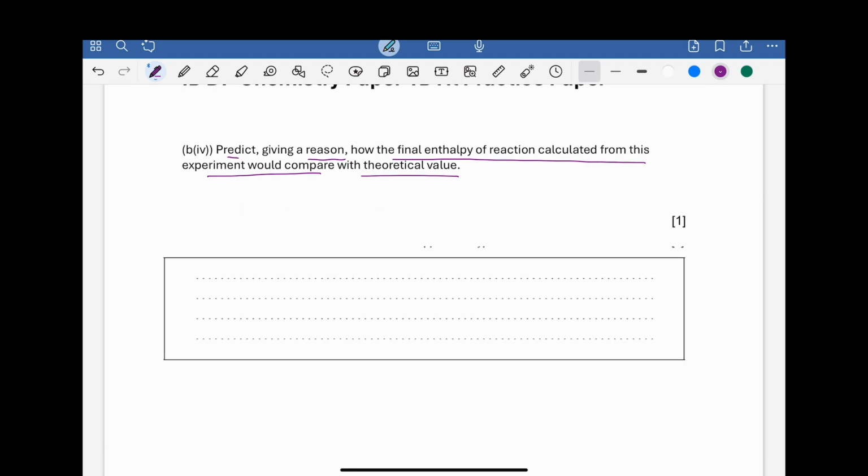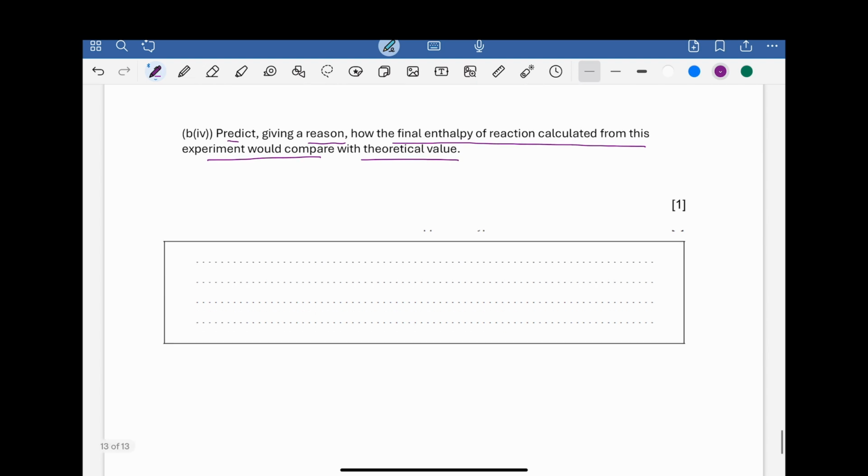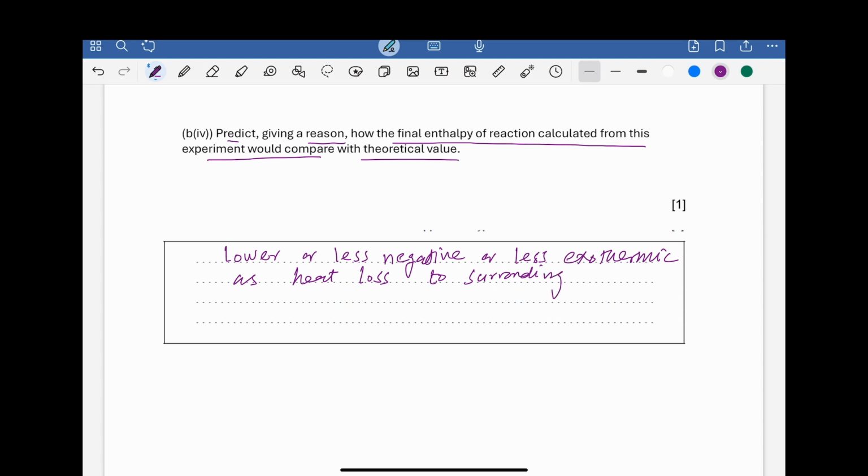So to work out the percentage error, the experimentally determined value will be lower, or we can say it will be less negative because it's exothermic, or less exothermic, as heat is lost to the surroundings. That's the biggest error in this experiment. So it is a systematic error. So heat loss to the surroundings.